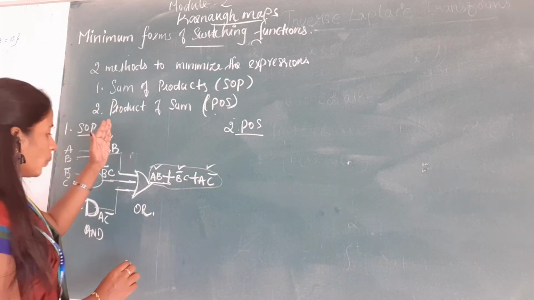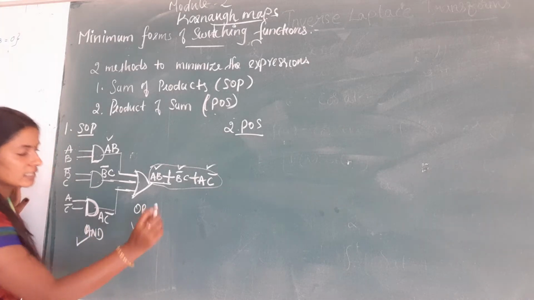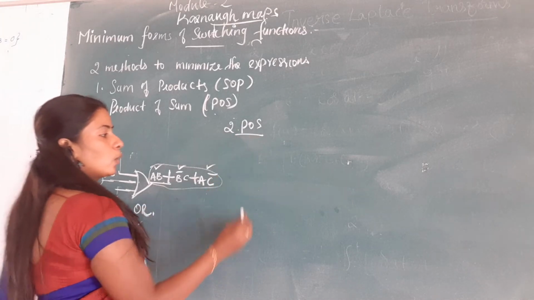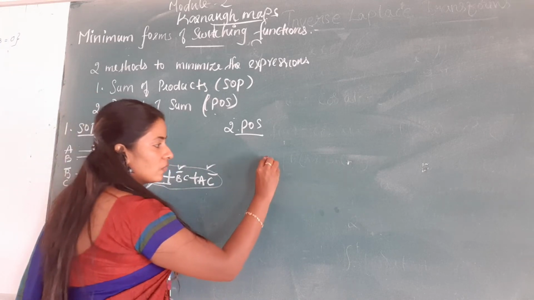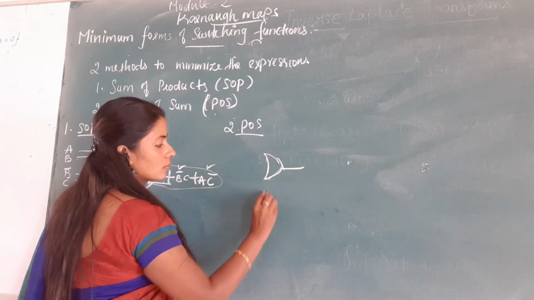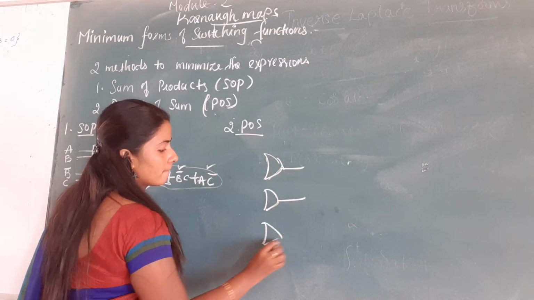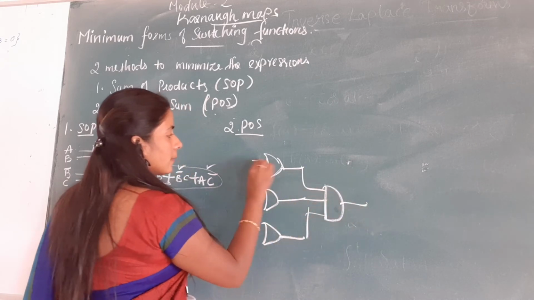In POS, what will we do? In SOP, in the first stage we had AND gates and in the second stage we had an OR gate. The POS method is just the opposite of SOP. In the POS method, the OR gates will be first, and next is the AND gate.